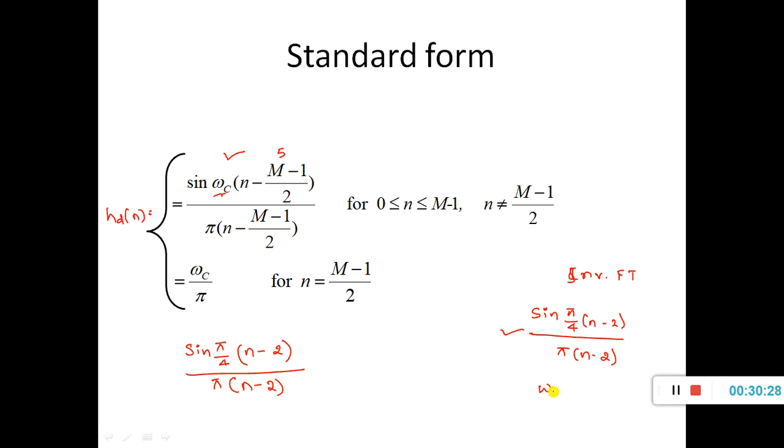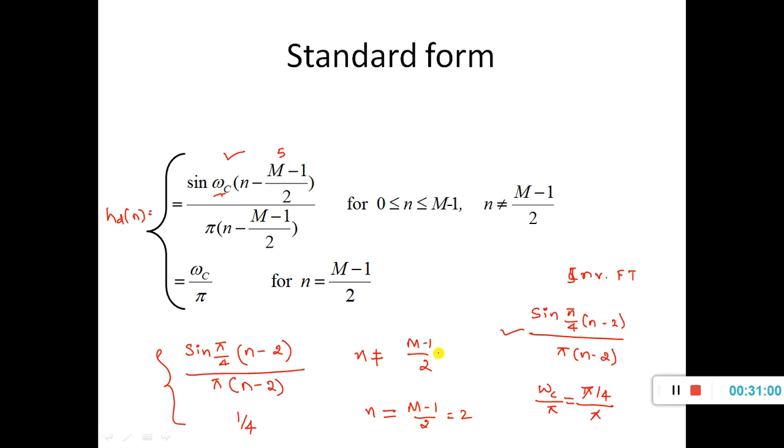And again omega c divided by pi. Here omega c was pi by 4, divided by pi, so pi and pi get cancelled. Therefore it is 1 by 4 for n equal to (m minus 1) by 2, that is 5 minus 1 is 4, 4 by 2 is 2.